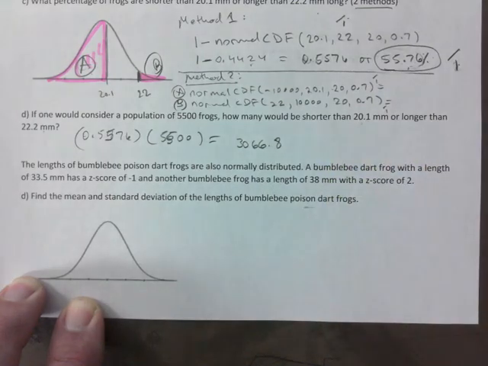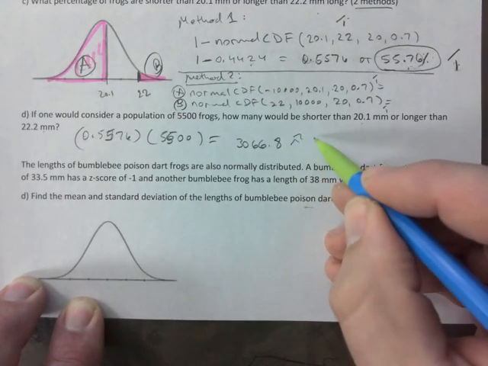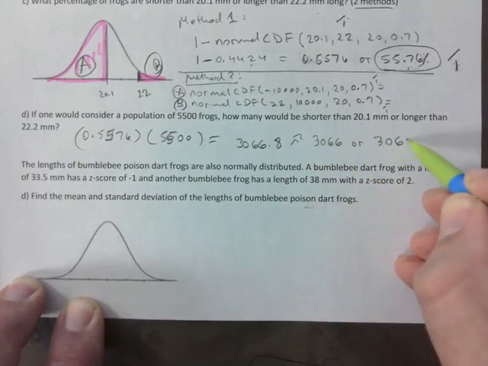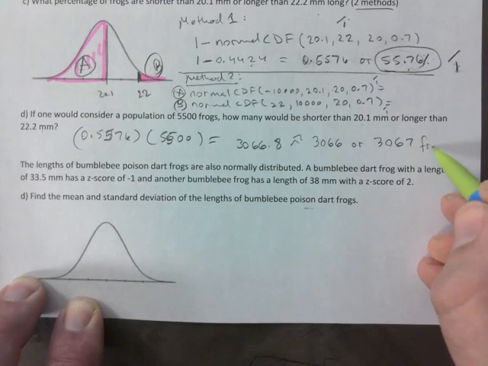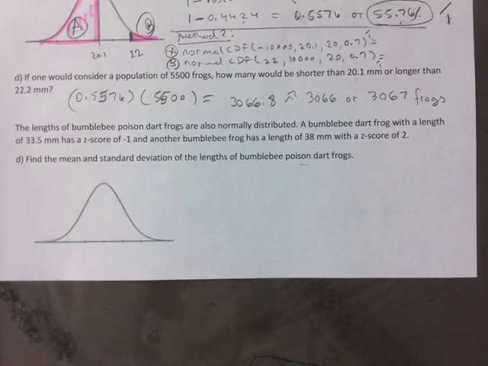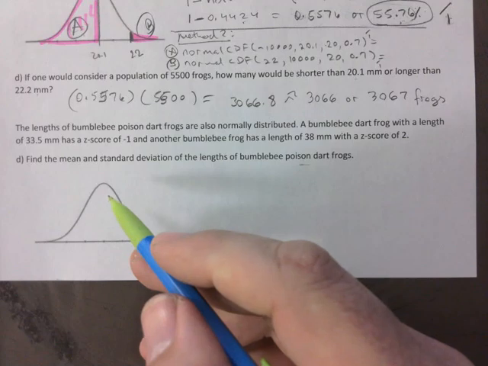And when it's asking how many frogs, you need to round, right? So it'd be 3,066 or 3,067 frogs. When you're doing the mean and standard deviation, it's okay to have decimals.